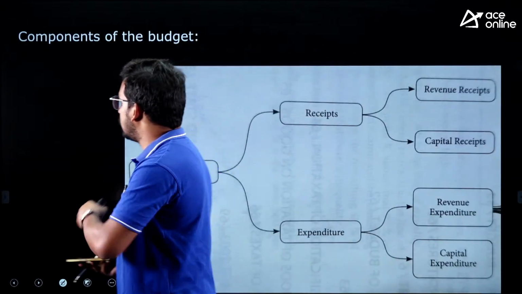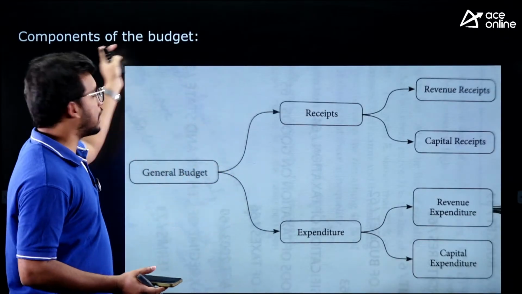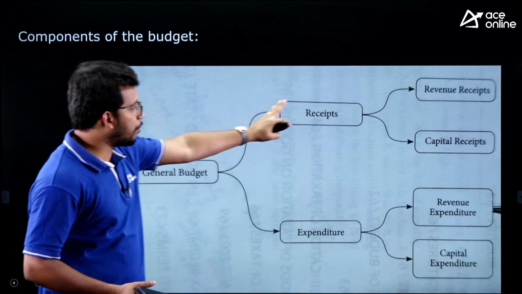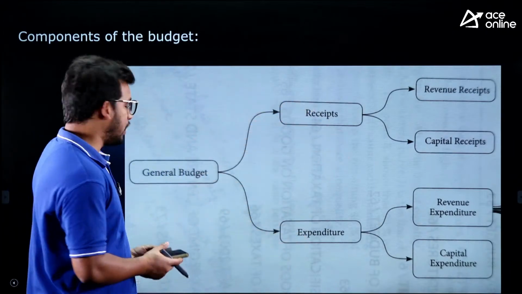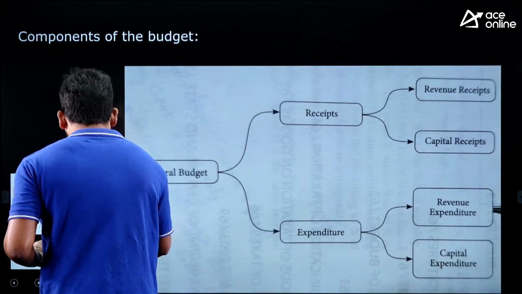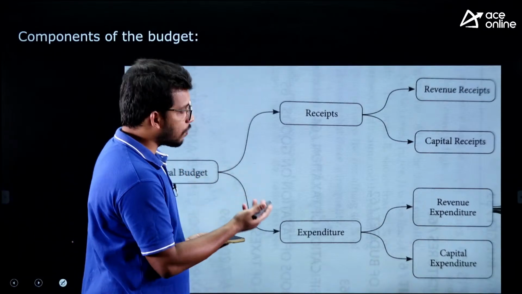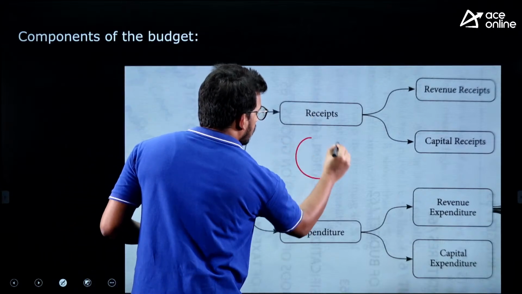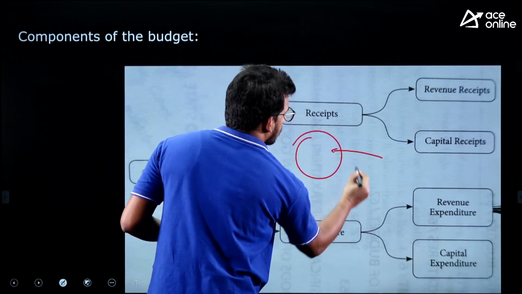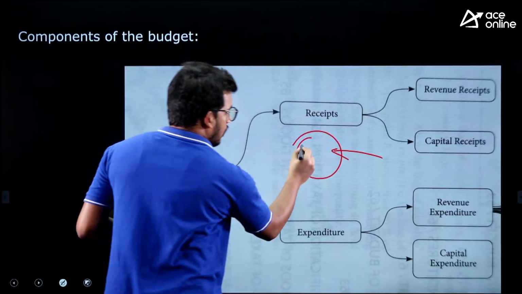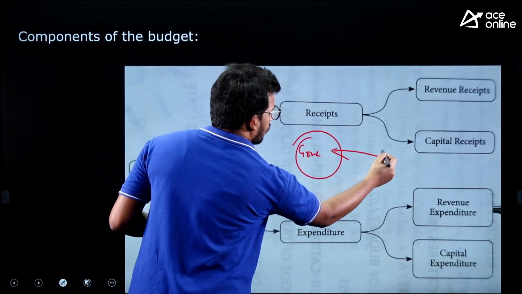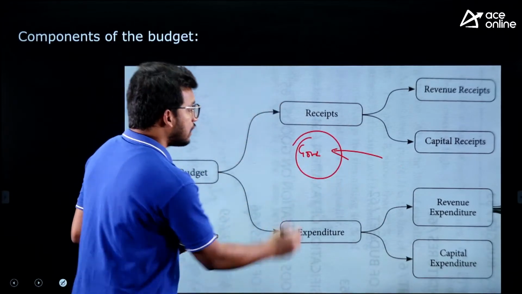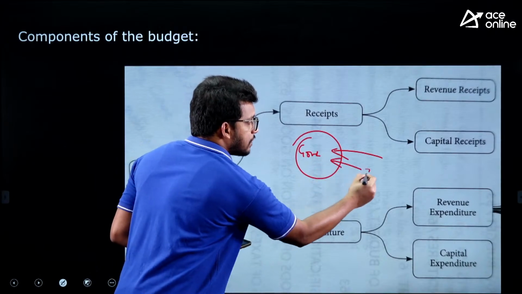We have discussed this. The budget has two components, receipts and expenditure. You need to understand it; you cannot blindly mug up these things, you will forget. Receipts means the money the government receives in that one year from whatever sources, and this can also include debt.